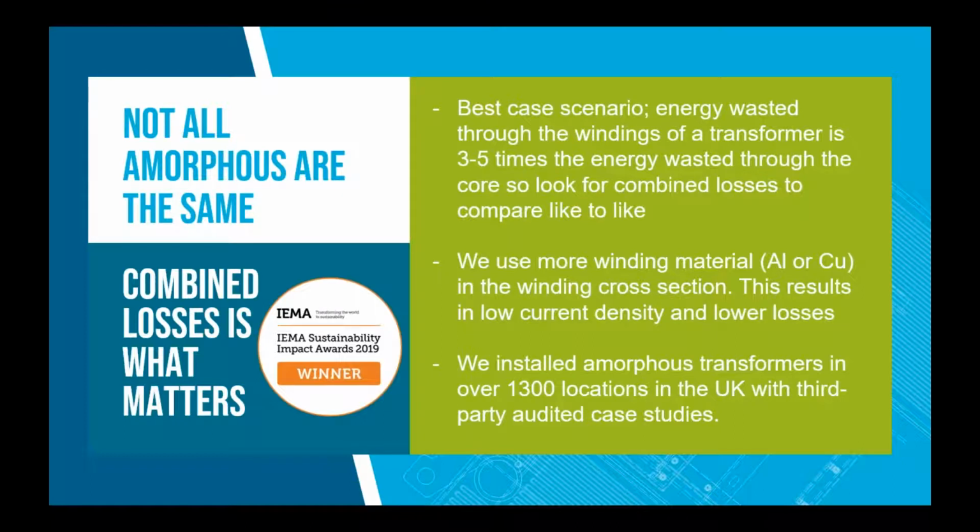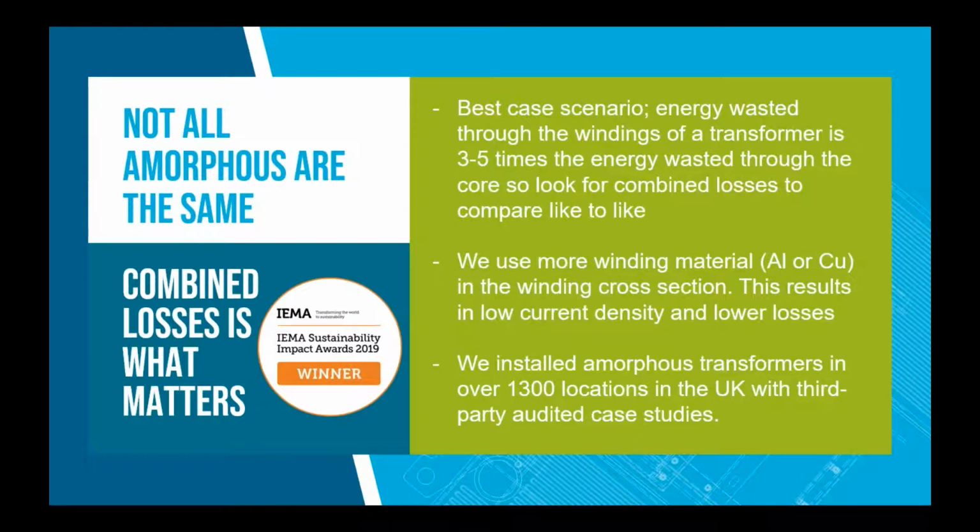Even in the best case scenarios, the best designs that you're going to get, the energy wasted through the windings is probably 3 to 5 times the energy wasted through the core. So to get a good level of losses, you need a product that tackles both aspects, the windings and the core of the transformer.